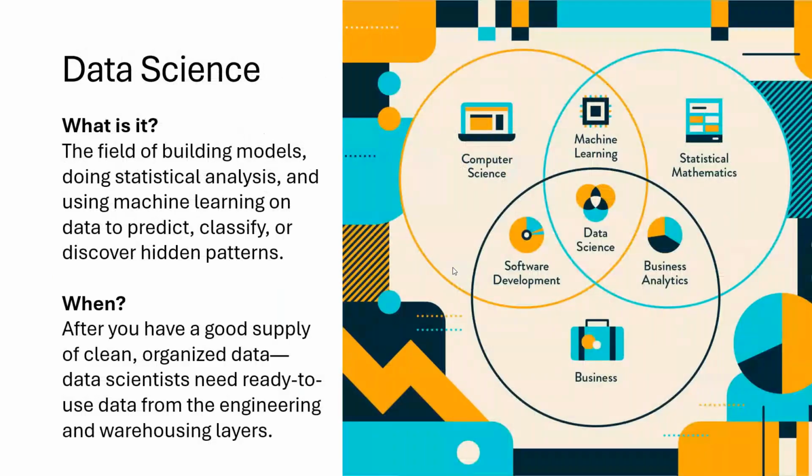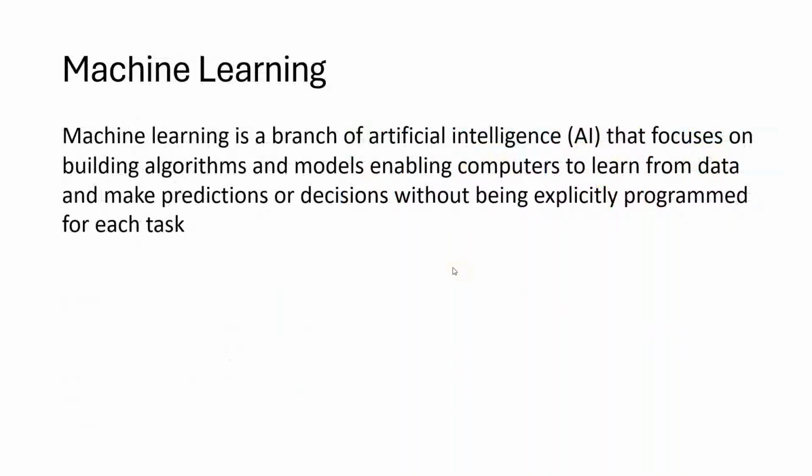Again, data science has a subset which is called machine learning. Machine learning is a part of data science, and machine learning is also part of artificial intelligence, AI. Machine learning is a branch of AI that focuses on building algorithms and models, enabling computers to learn from data and make predictions or decisions without being explicitly programmed for each task.